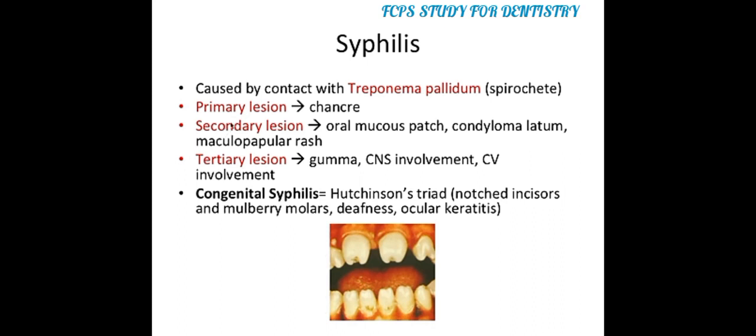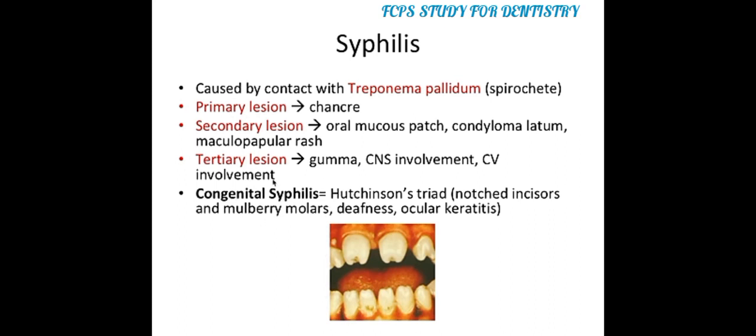The secondary lesion is sometimes referred to as oral mucous patch, condyloma latum, or a maculopapular rash. Definitely learn that. The tertiary lesion is a gumma, also with central nervous system and cardiovascular involvement. So more of a systemic effect at this point.